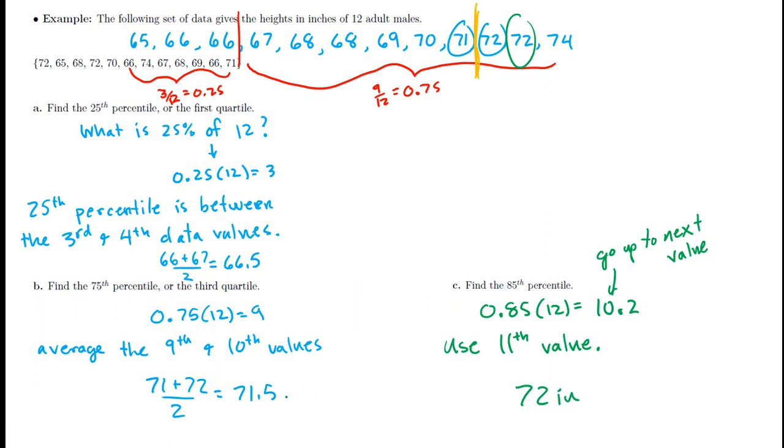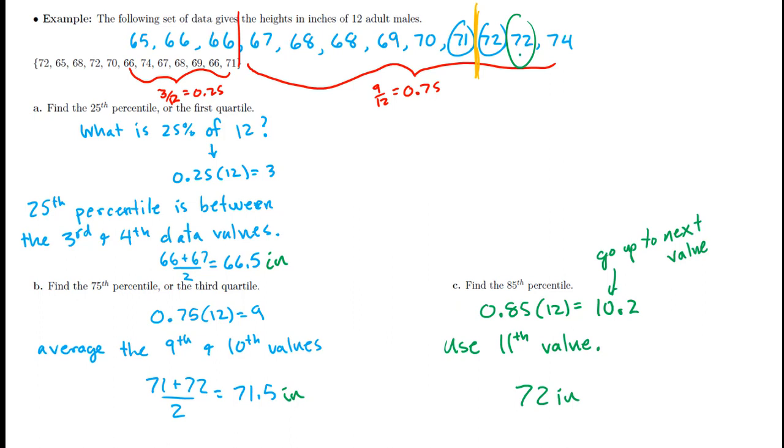So, okay, why is that? By the way, I should be labeling these inches. So why did we do that? Well, if I had stayed between the 10th and 11th values, then if I calculated what's above, there would be 2 of those.